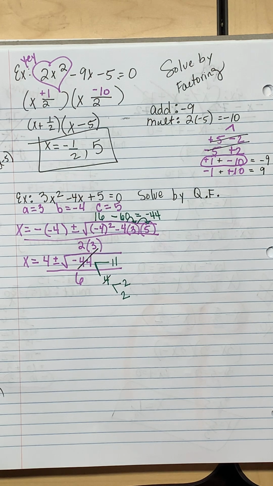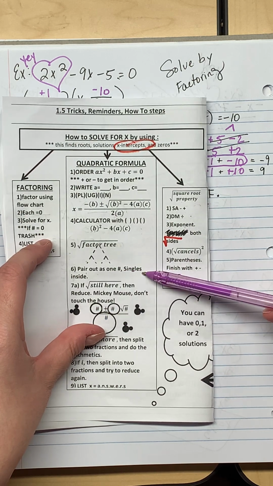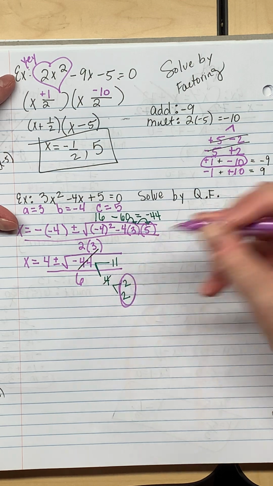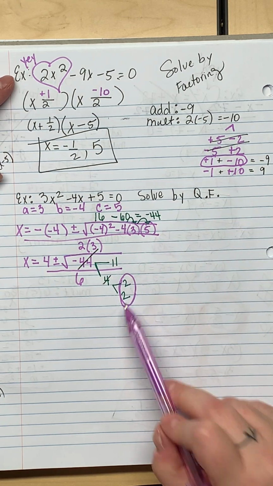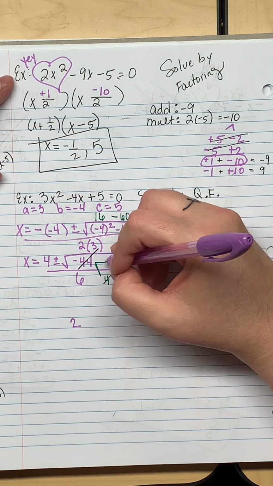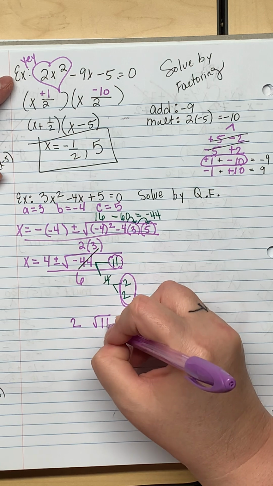Okay, now it says the pair comes out as one number and the singles stay inside. So I see a pair, a twin of the same number. So that twin comes out, 2. Then this single lady of an 11, she stays in, 11.